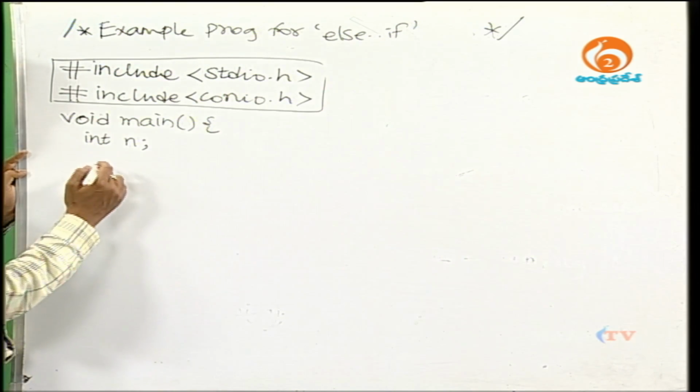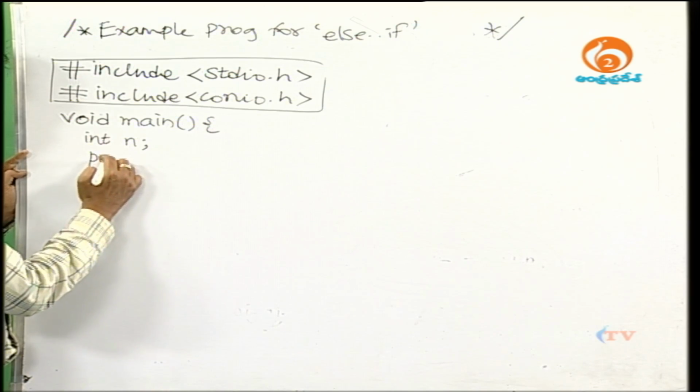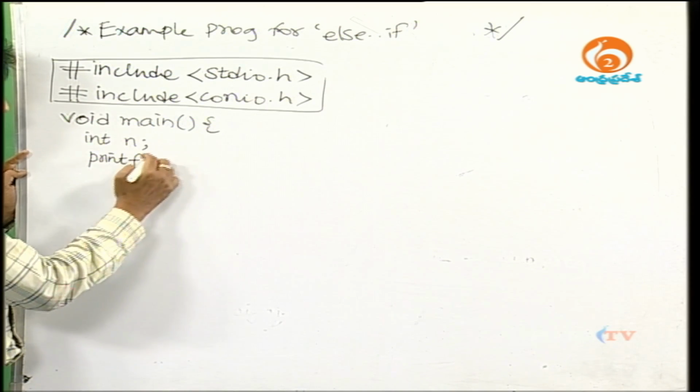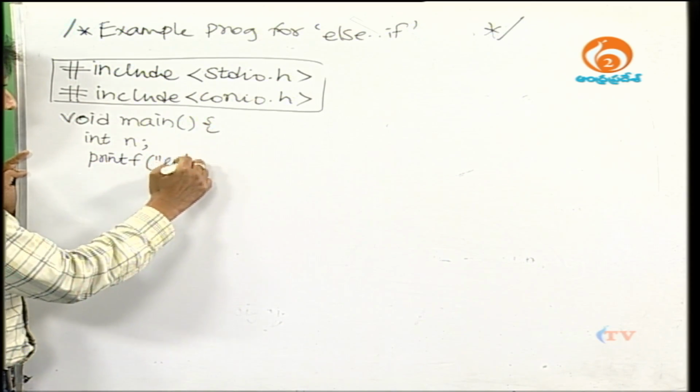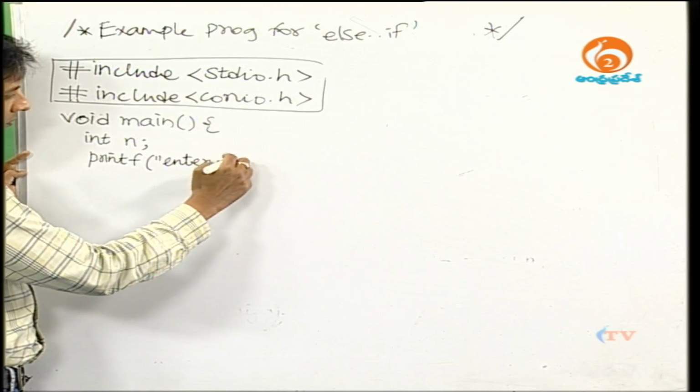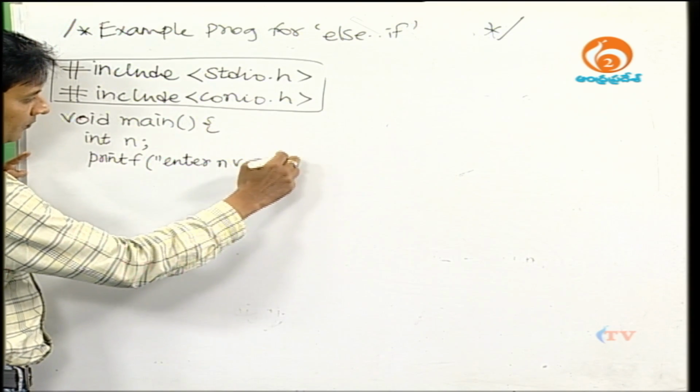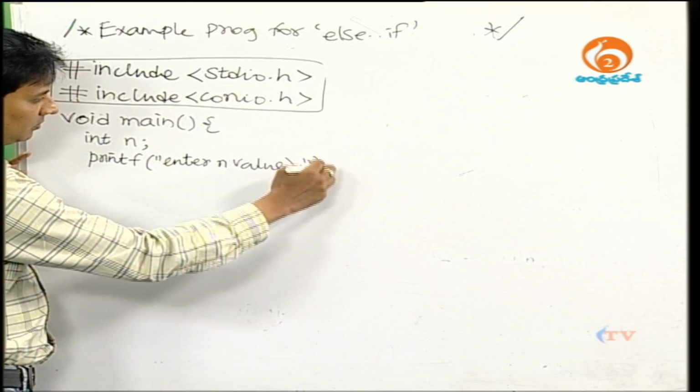Next, printf, enter n value, backslash n.